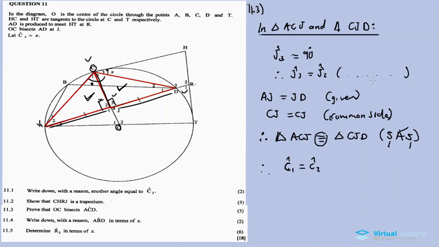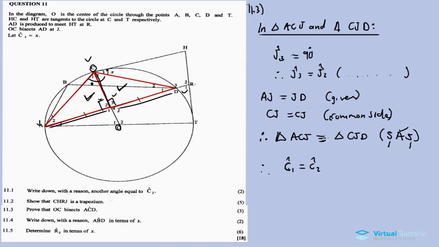These terms are easily confused. Is this similarity or congruency? Okay, I know it's confusing sometimes, but these triangles now, they are congruent.